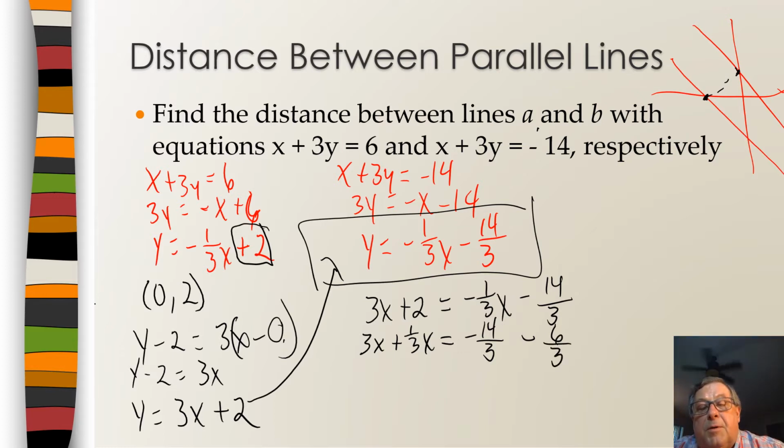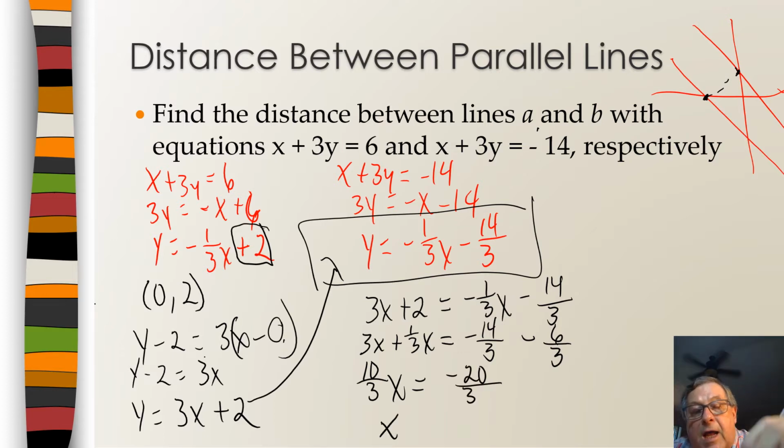All right, so 3x plus 1/3 x, so that's 9/3 x plus 1/3 x. That's going to be 10/3 x equals -20/3. And to solve for x, we're going to multiply both sides of this equation by 3/10, which is the same as dividing by 10/3. So now we got -20/3 times 3/10.